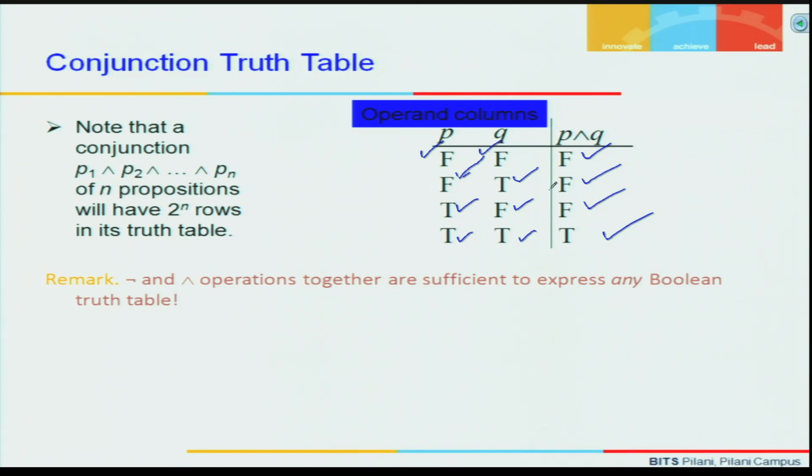If any of the propositions is true and the other proposition is not true, the resultant compound statement has to be false. The compound statement will be true only if both the propositions are true. This is how we use it in natural language, and the same way it has been defined here.